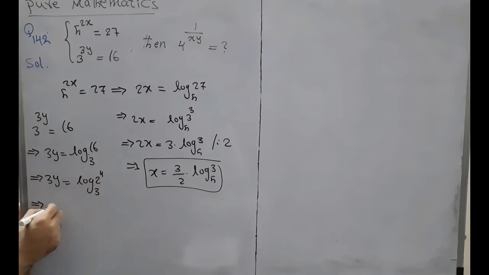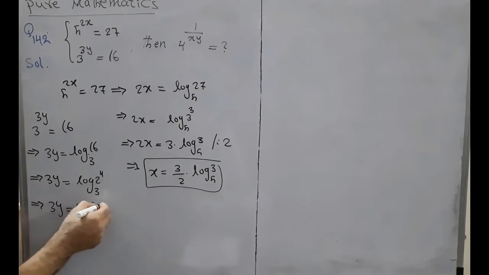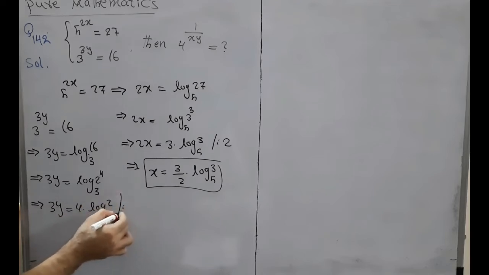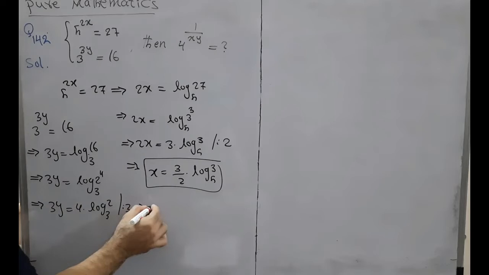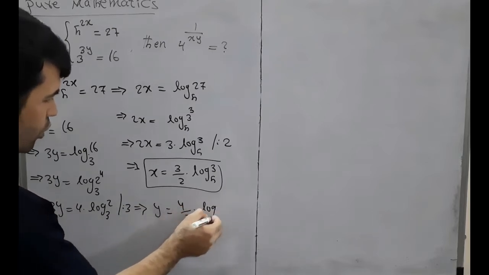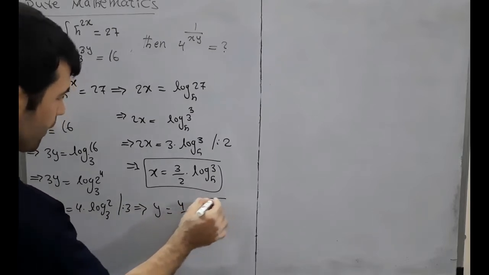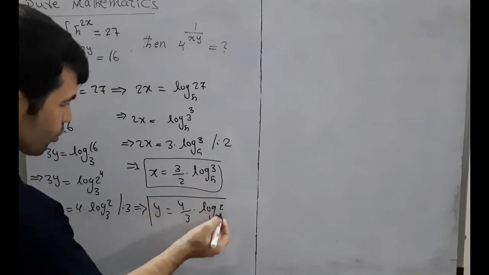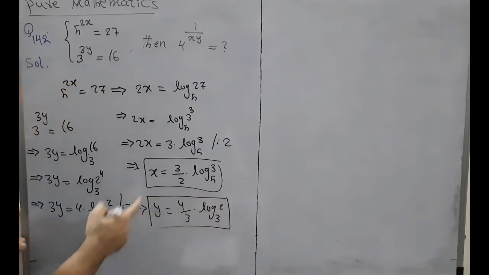This implies 3y is equal to 4 multiplied by log 2 with the base 3. Dividing both sides by 3, y is equal to 4 over 3 into log of 2 with the base of 3. It is the value of x and it is the value of y.